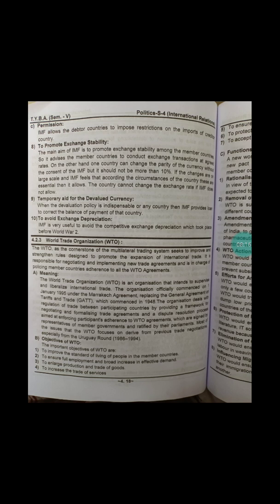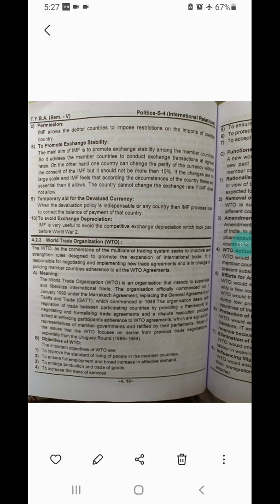Most of the issues that the WTO focuses on derive from previous trade negotiations, especially from the Uruguay Round. See, बहुत से issue क्या करता है? That the WTO focuses on derive from previous trade negotiations, especially from the Uruguay Round, that is in 1986-1994.